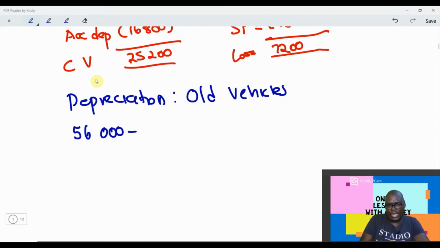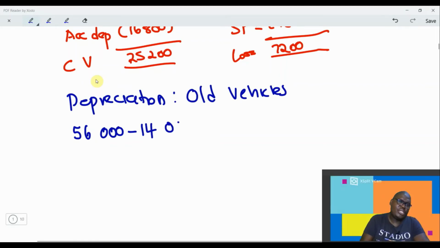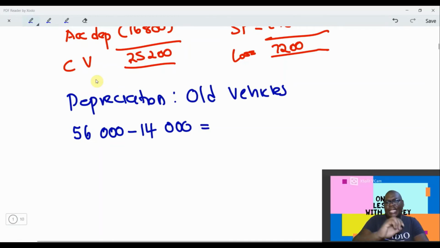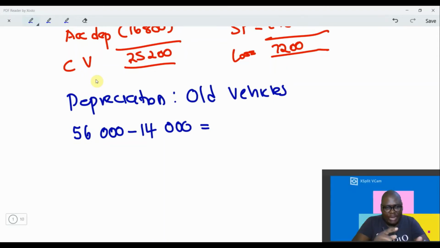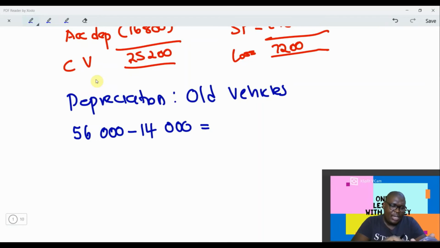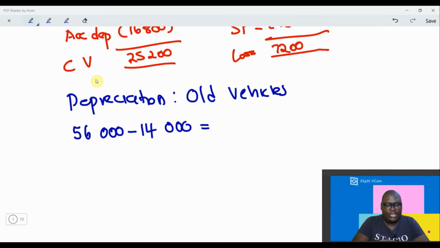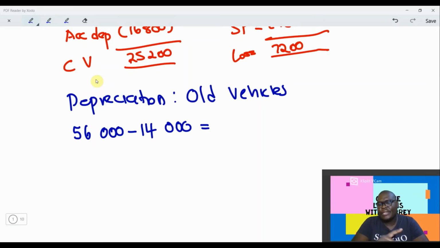Okay, and then we know that the opening balance was 56,000. The one that was sold had an accumulated depreciation balance of 14,000 at the beginning of the year. The depreciation for the 6 months of the current financial year was not added to this, because this 56,000 balance was on July the 1st, 2000. So it doesn't include that 2,800, it only includes 14,000.